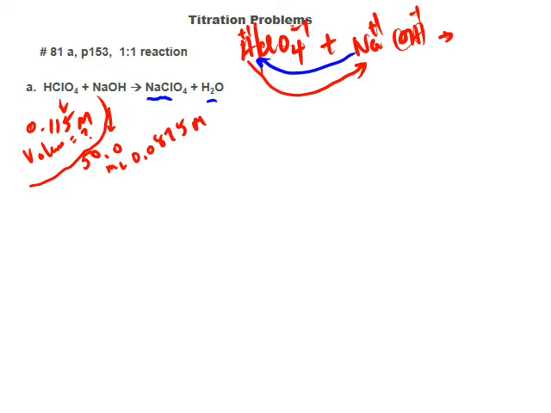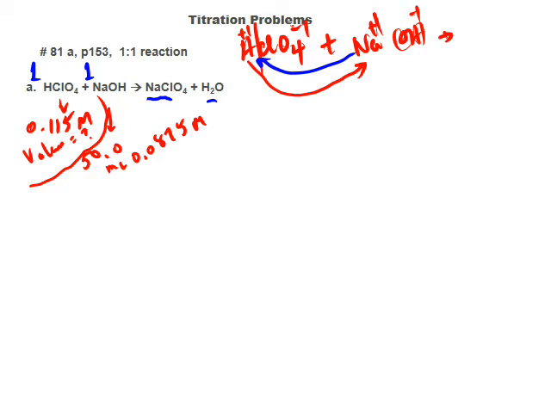Now you need to balance the reaction, but this reaction as it is is balanced, so I don't need to do anything, and I can work on this problem. Let's write down how this reaction happens: 1 mole of HClO4 reacts with 1 mole of NaOH, giving 1 mole of NaClO4 and H2O.